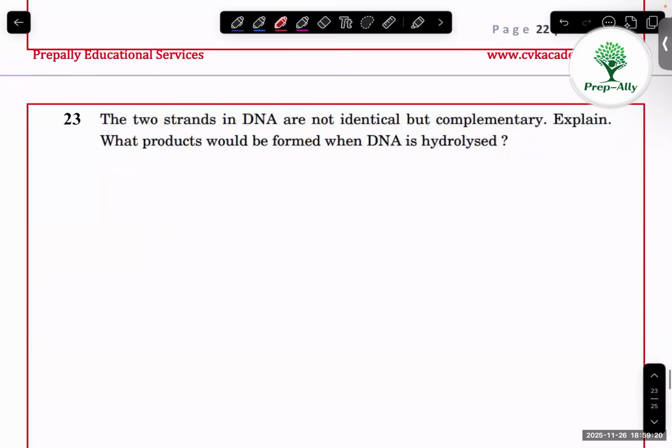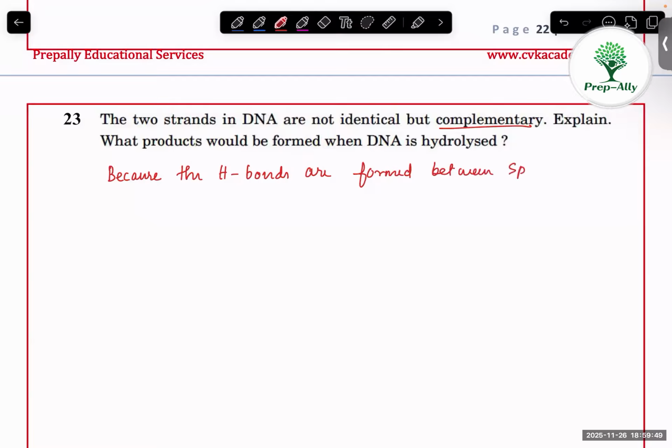Now 23rd one: the 2 strands in DNA are not identical but complementary. Explain why it is complementary. Complementary means you can simply write that because hydrogen bonds are formed between specific pairs of bases.